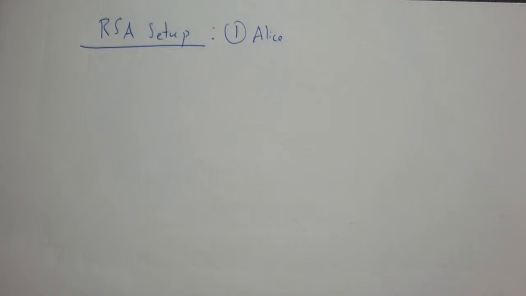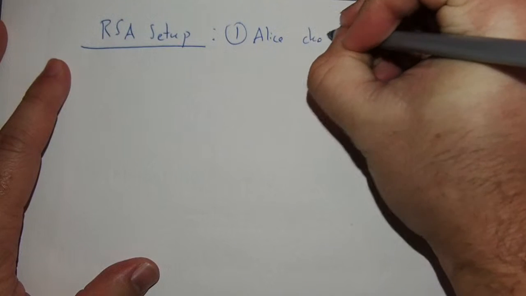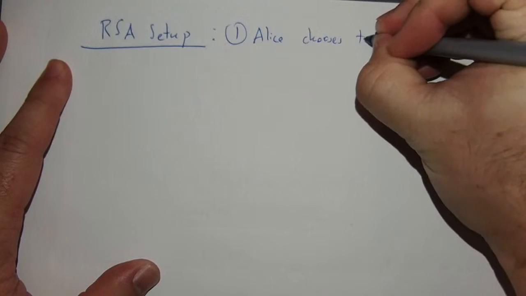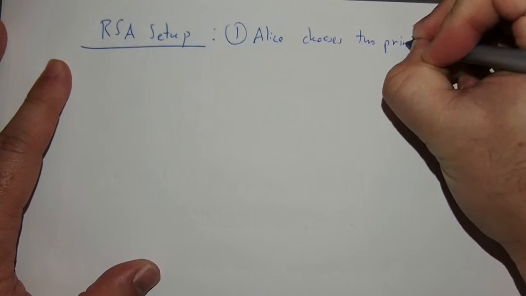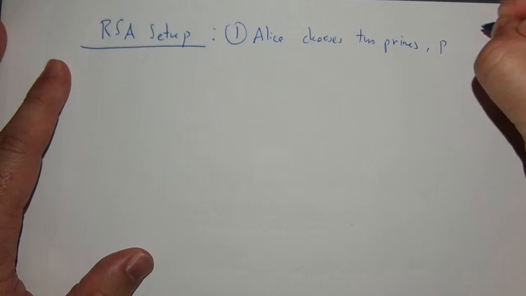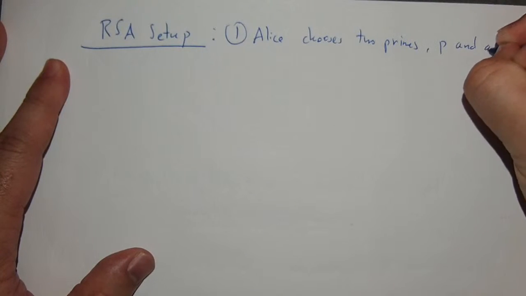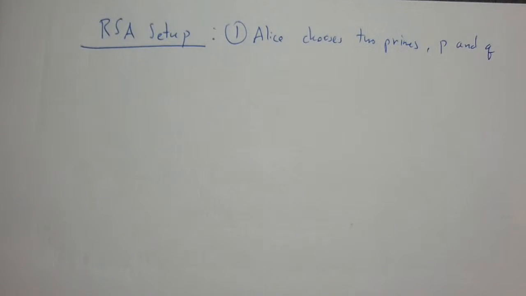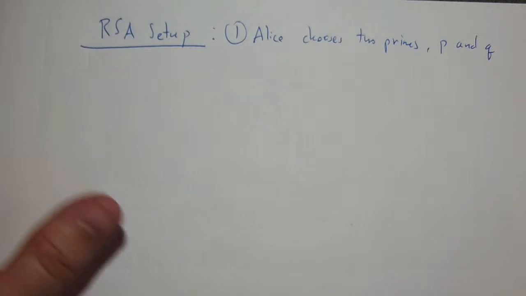So Alice chooses two primes, say P and Q. Now, practically speaking, for cryptographic applications, this P and Q would be very huge, say at least 100 digits long.